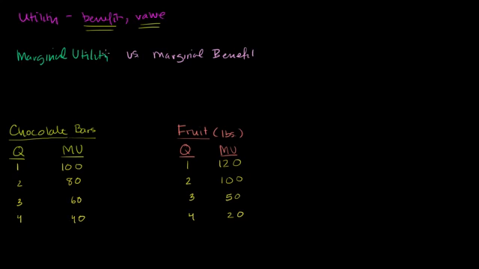The difference is how the words tend to be used in the context of a traditional microeconomics class. So when people talk about utility, they tend to measure it in terms of some type of absolute measure that they just came up with, some type of utility units, or satisfaction units. While when they talk about marginal benefit, they tend to measure it either in dollars or in terms of some other goods.